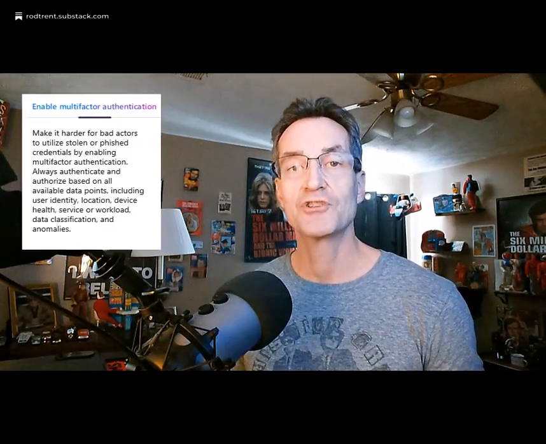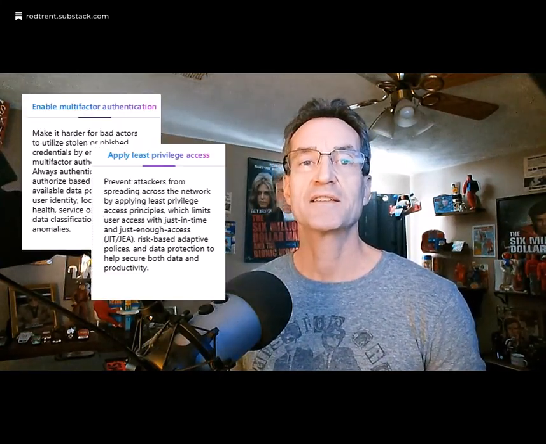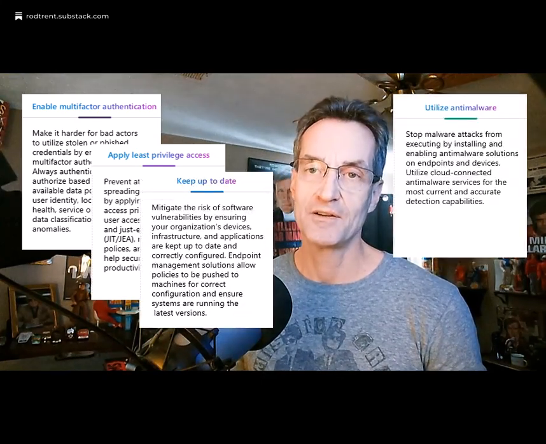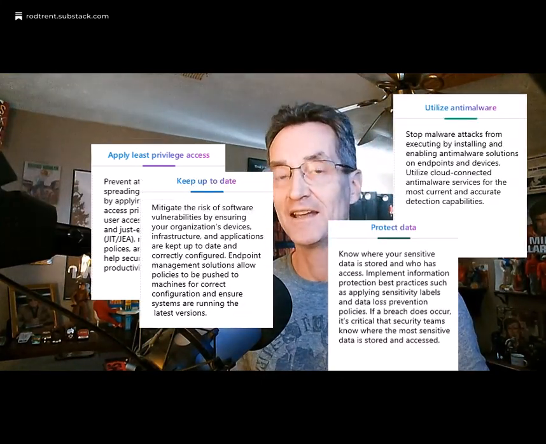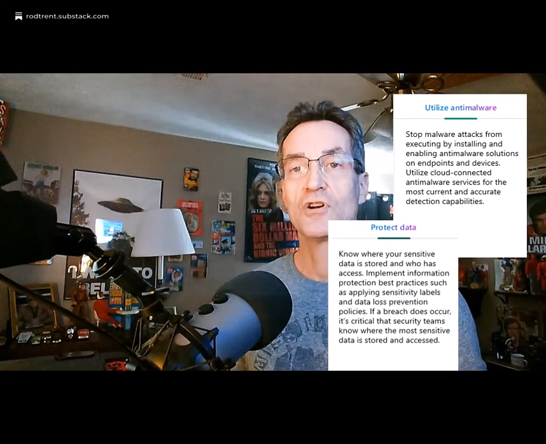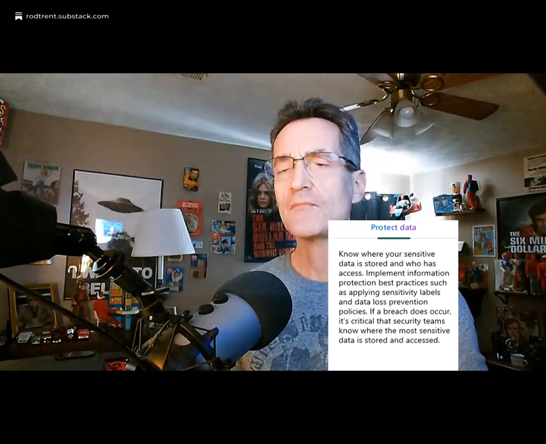By diligently implementing multi-factor authentication, ensuring least privilege access, keeping systems up to date, enabling anti-malware solutions, and protecting your data, you are laying a strong foundation. These fundamental practices act as the first line of defense, significantly mitigating risks and providing you with a quicker and more secure path to safeguarding your generative AI applications.